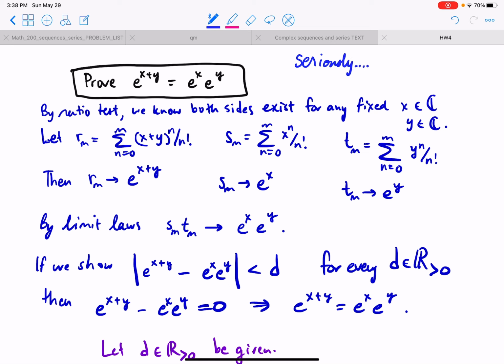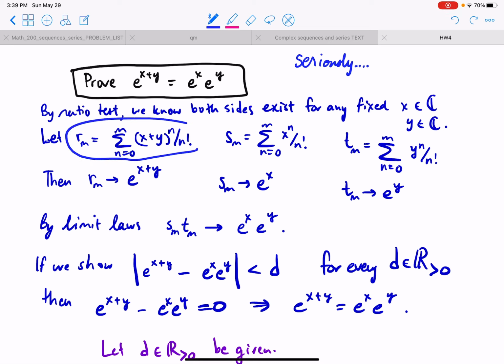So let's show you how to deal with it so that we can prove this in reality, really actually prove it. By the ratio test, we know that both sides, like this is a complex number, this is a complex number, this is a complex number. We know that they converge, these infinite sums. The limits of the partial sums converge.